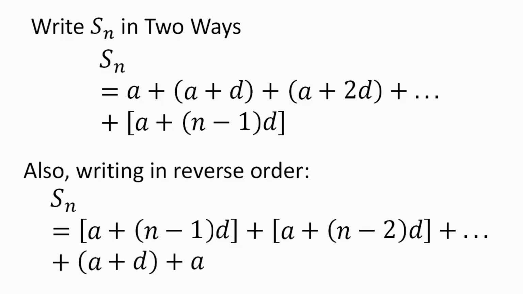Hence, S_n = [a + (n − 1)d] + [a + (n − 2)d] + and so on up to + (a + d) + a. Now add the two equations.